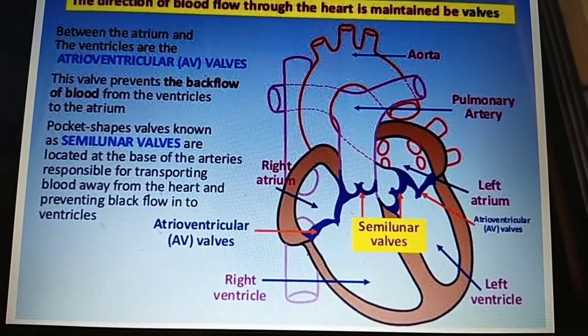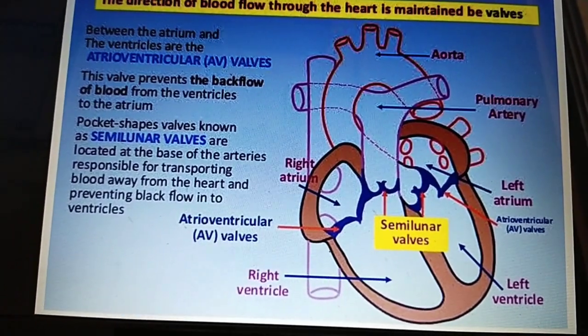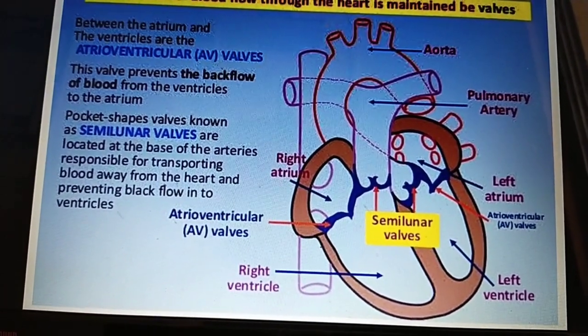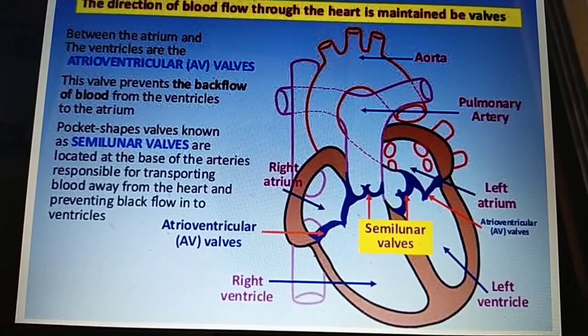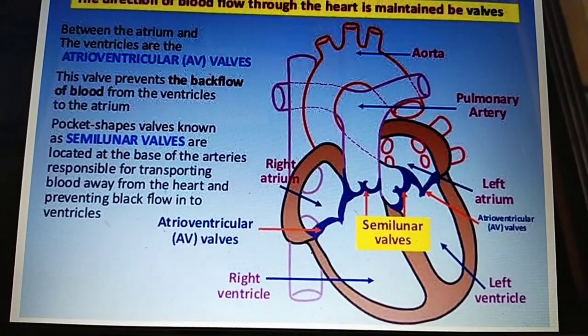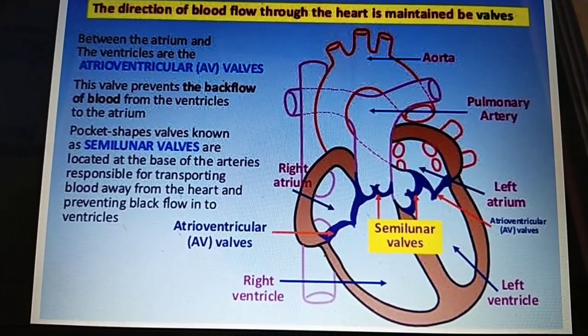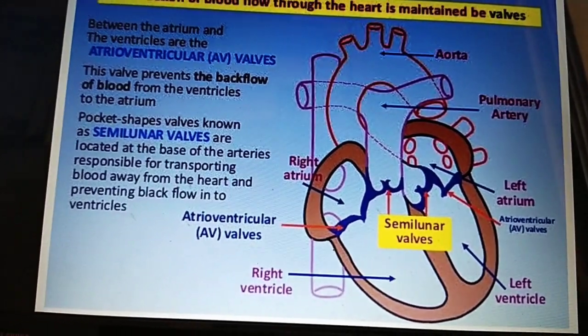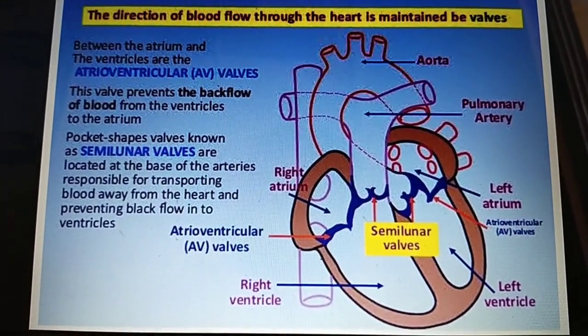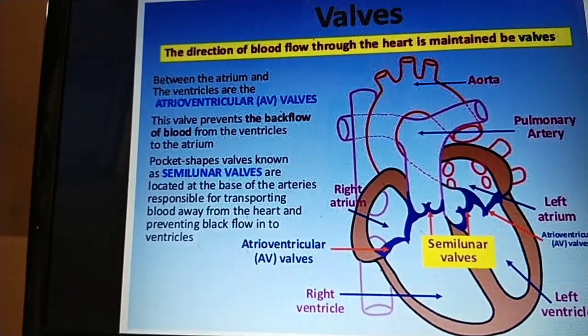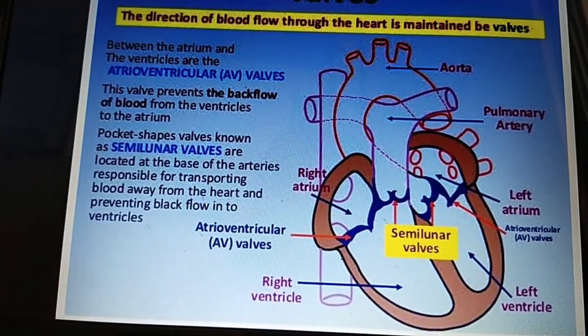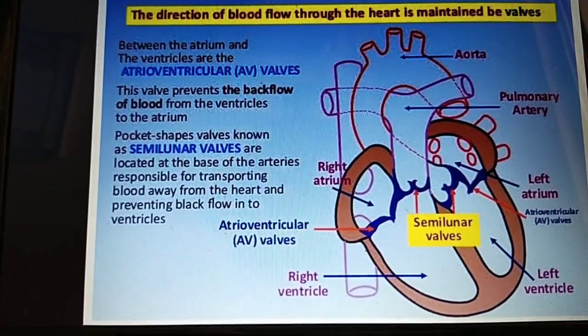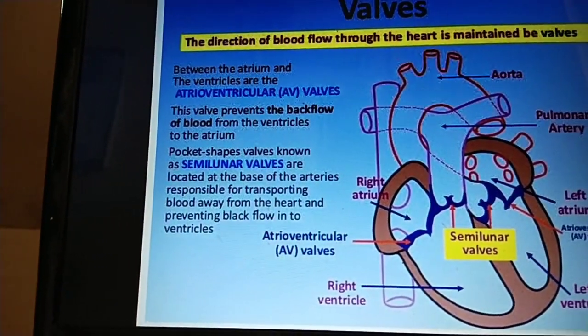The semilunar valves are pocket-shaped valves, as I already explained. Now let us look at the meaning of semilunar. Semi is a Latin word meaning half, partial, or incomplete.